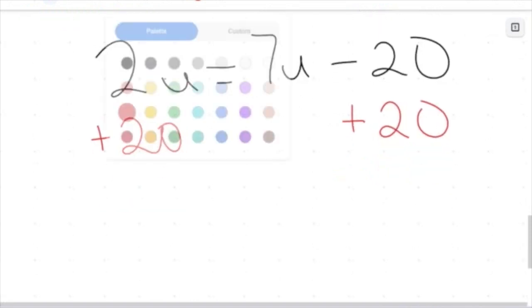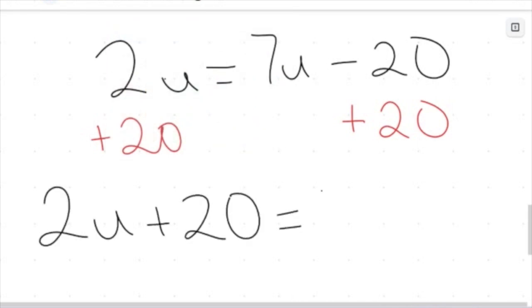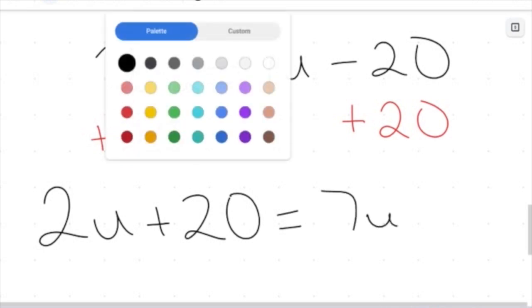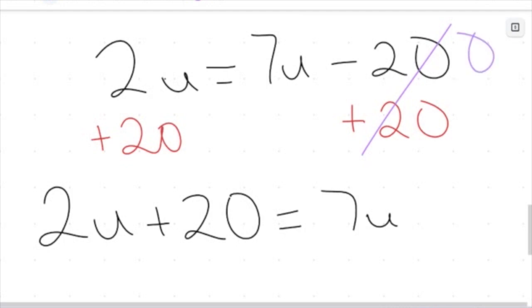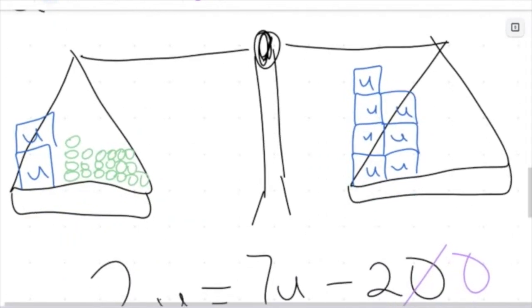On my left, now I get 2u plus 20, and I get 7u on my right. Minus 20 plus 20, those two just cancel each other out to give me 0. So I'm just left with 7u on my right-hand side, or in other words, my 7 boxes of marbles on the right-hand side.